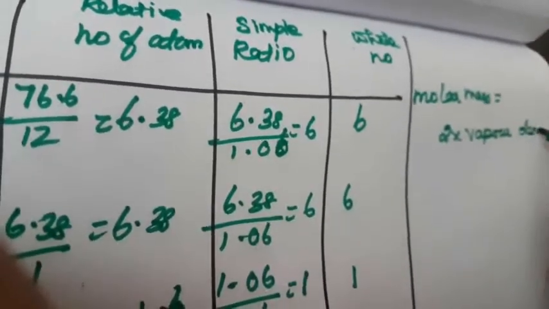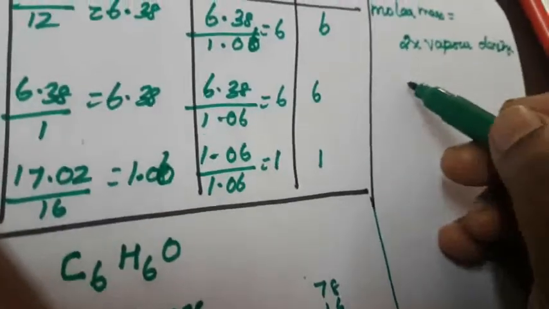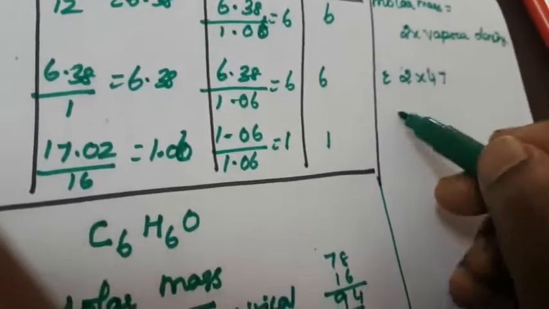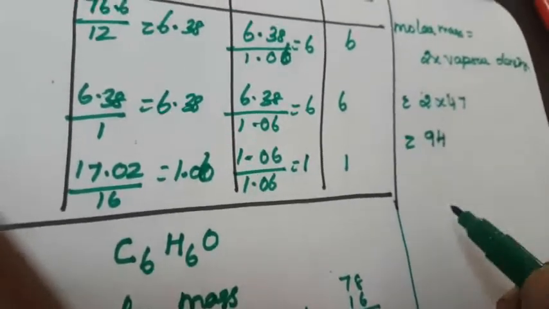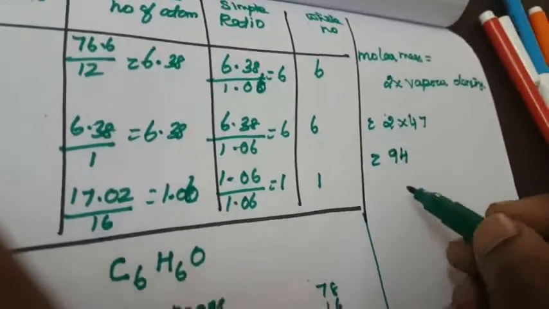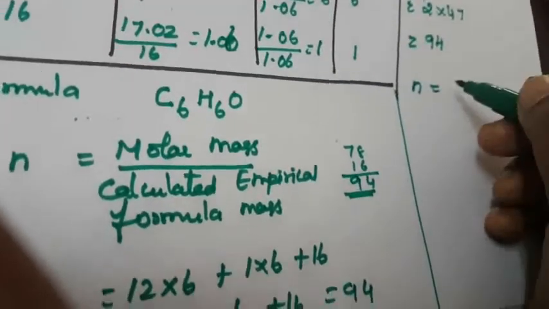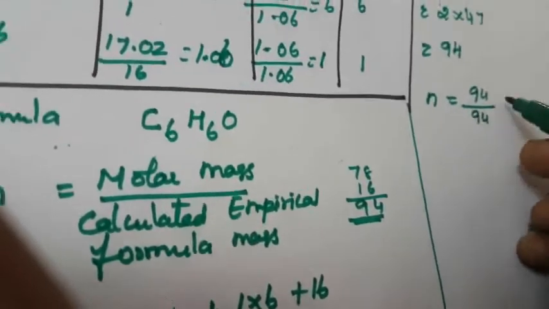So vapor density is already given, so we can write like this. What is that answer? 2 into vapor density 47, that is also 94. Okay, so now you substitute that value: molar mass 94, empirical formula mass 94, the value of n is 1.